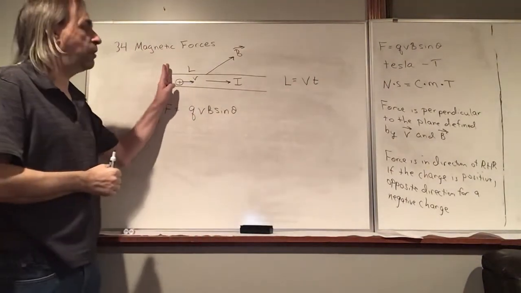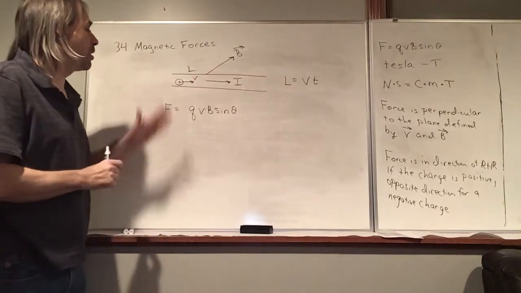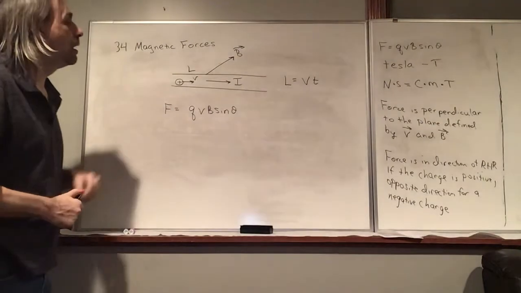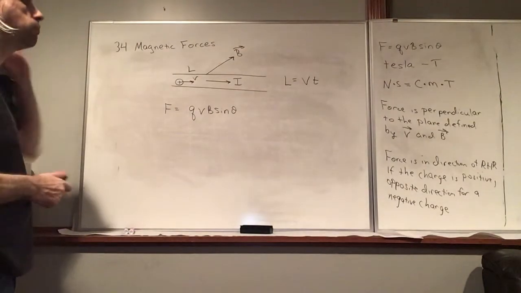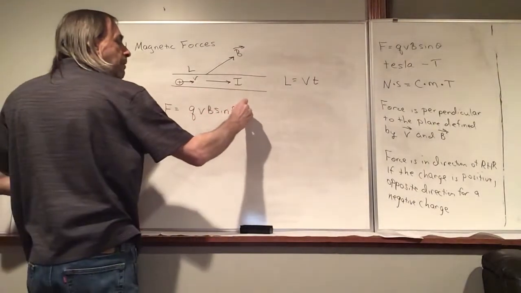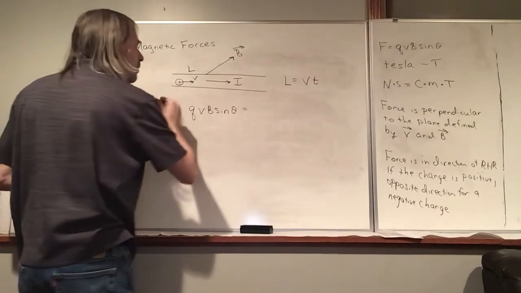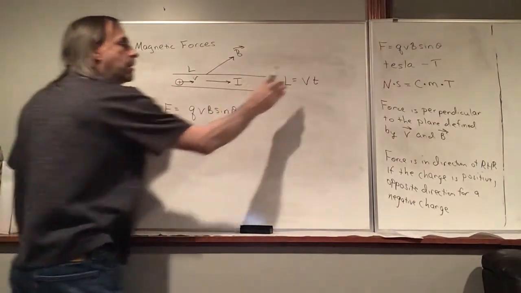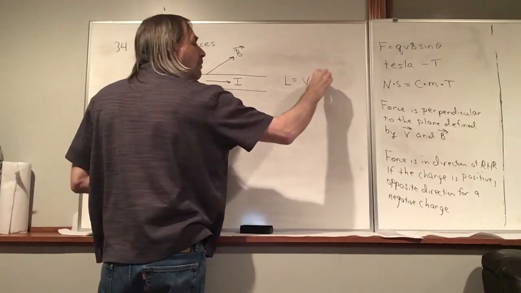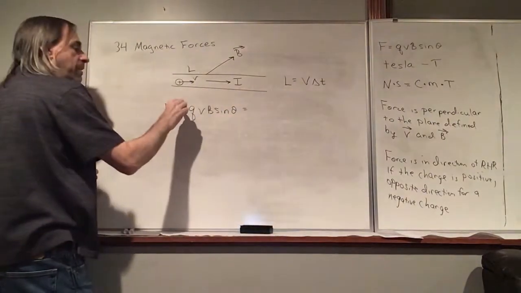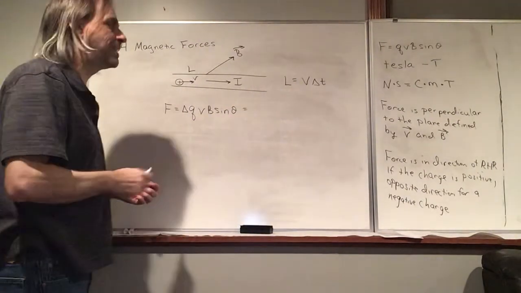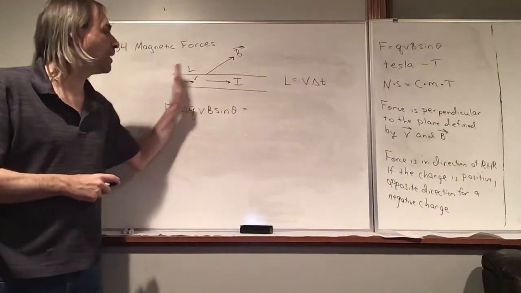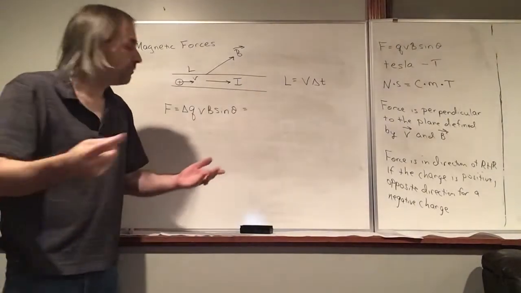It'll take a certain time for this charged particle to move from one end of the wire to the other. And so, let's plug that in. Let's say in a time delta t, a total amount of charge, let's call it delta q, moves from one end of the wire to the other end.